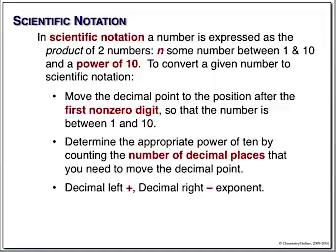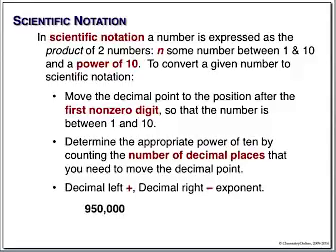We're going to count how many places we had to move this decimal point. If we go to the left, our exponent will be positive. If we go to the right, it will be negative. Simple exercise.